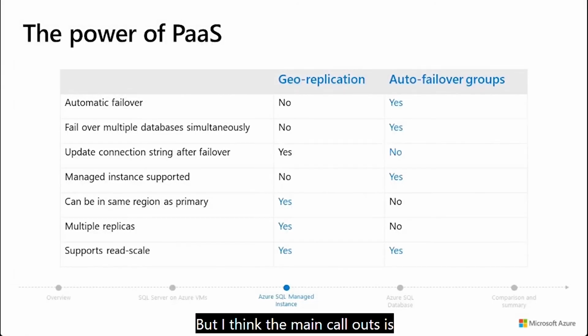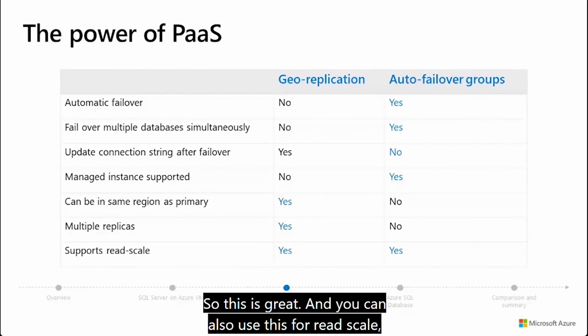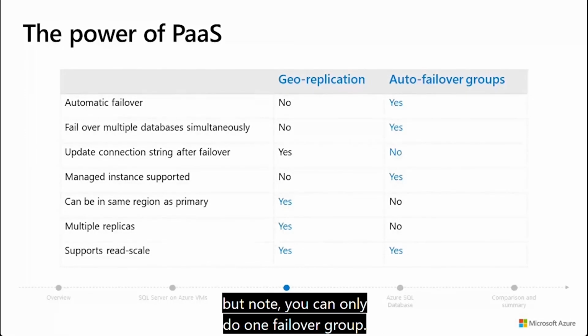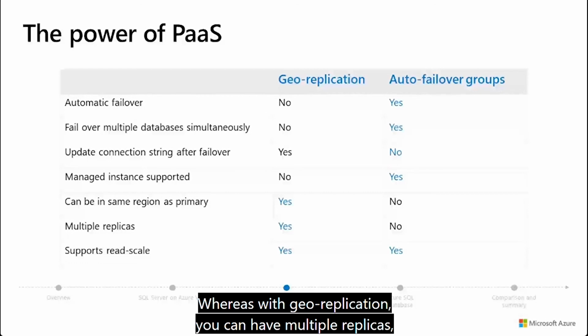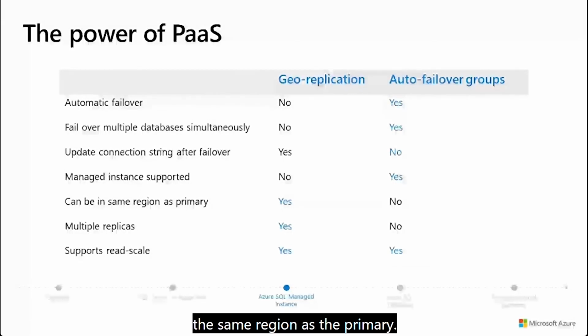But I think the main callouts is that with auto failover groups, like the name implies, you can automatically fail over in the case of some sort of emergency, and you don't have to update the connection string. So this is great. And you can also use this for read scale, but note you can only do one failover group. Whereas with geo-replication, you can have multiple replicas, so this can really help you with read scale, and you can even have replicas that are in the same region as the primary.